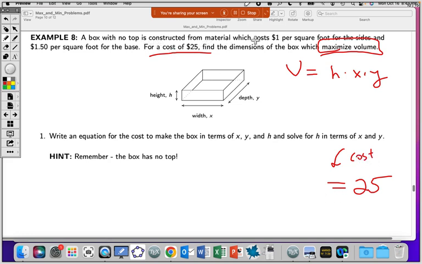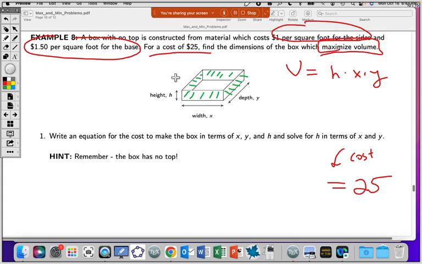Okay, it's constructed from material which costs $1 per square foot for the sides and $1.50 per square foot for the base. So let's look at the sides. We have 4 sides altogether, but they come in pairs.